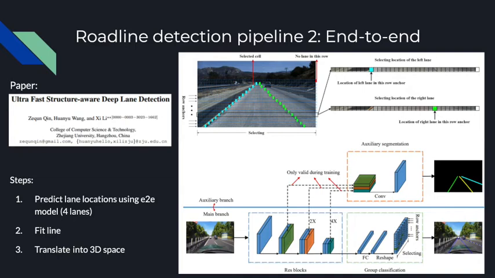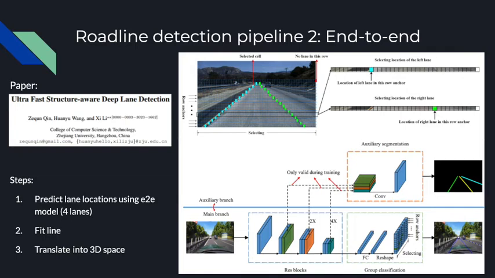And so if you look on the right side, basically what this model is doing is taking in the image, and it splits up the image into a coarse grid. If you look at the top middle, you can see that the image is split up into a grid. And contrary to semantic segmentation, where you're predicting a class at every pixel, what we're doing here is for each lane, we're predicting basically the column for each row.